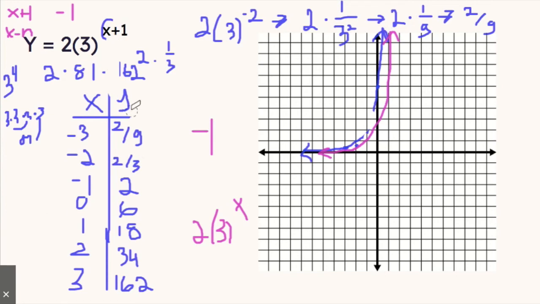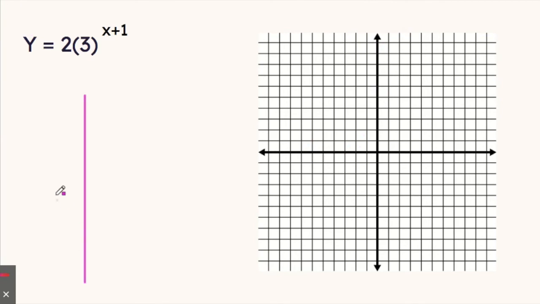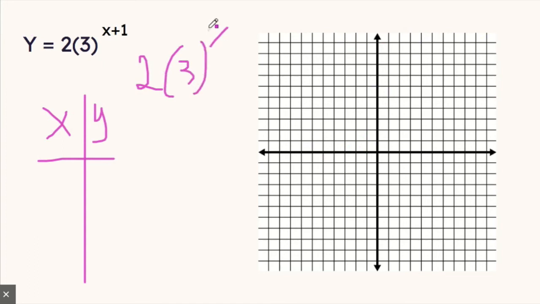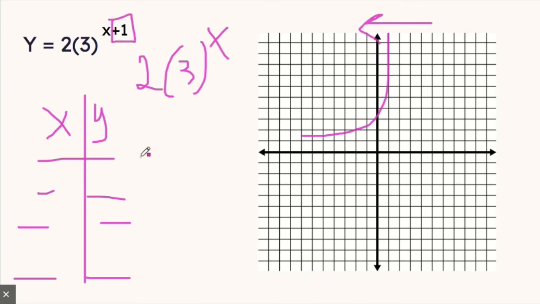So if we want to simplify this process, we can just make a table for this without the +1, first find the coordinates for this, graph that, and then just shift that graph 1 unit to the left because of the h.